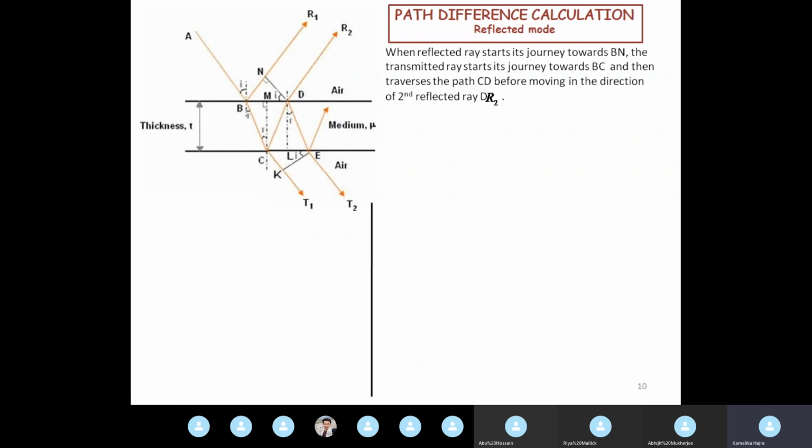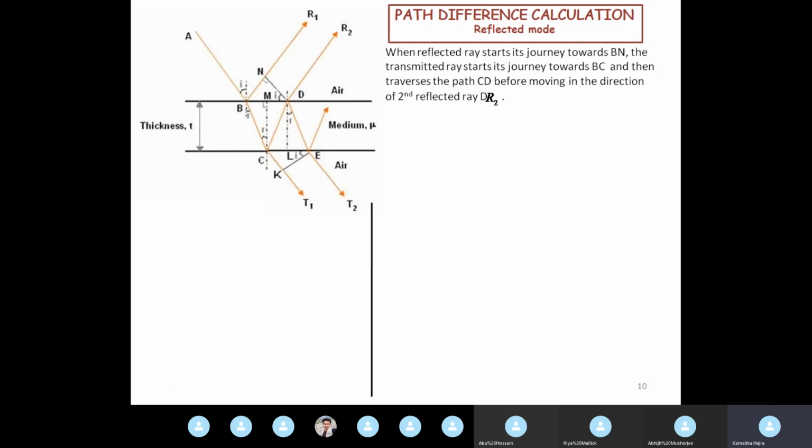While the ray BR1 starts its journey in this direction from B, the other ray has to travel the distance BC plus CD within the medium. Then it reaches D and finally begins its journey in the direction of DR2.